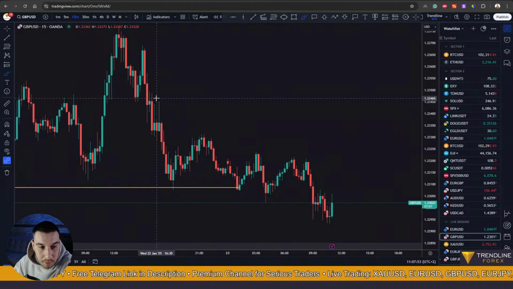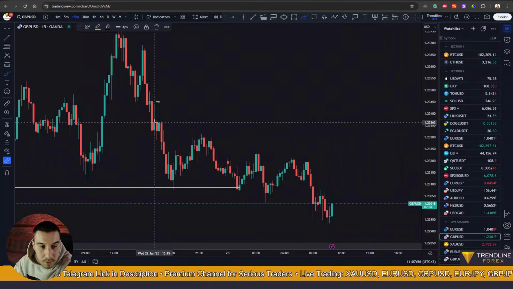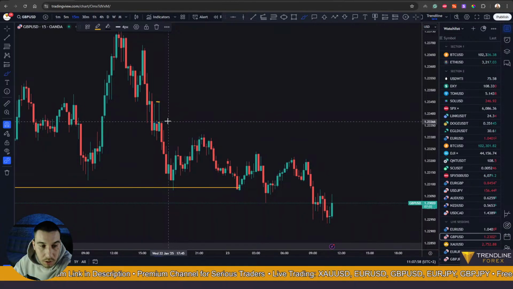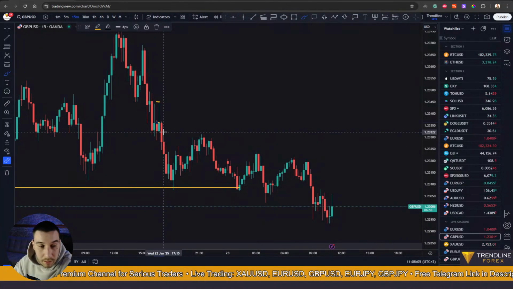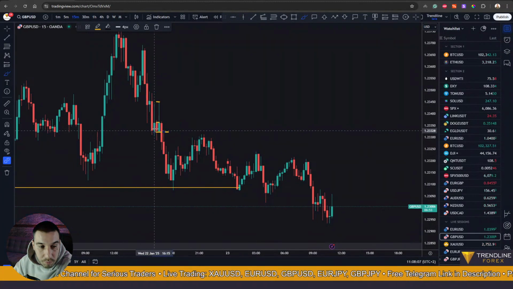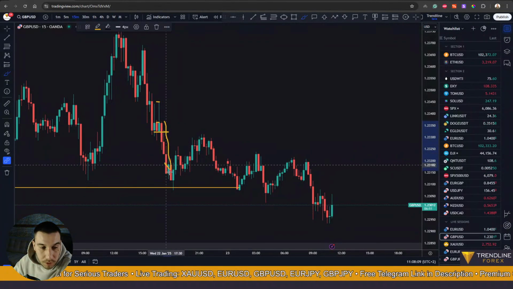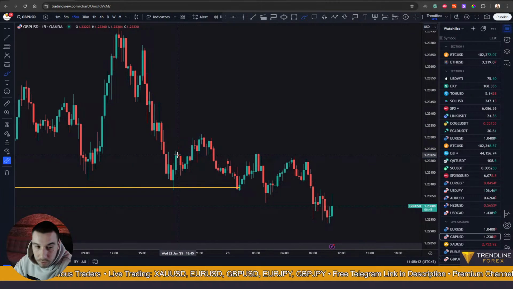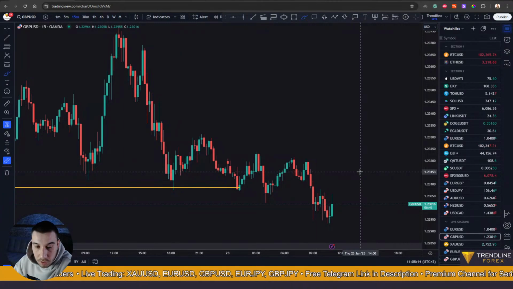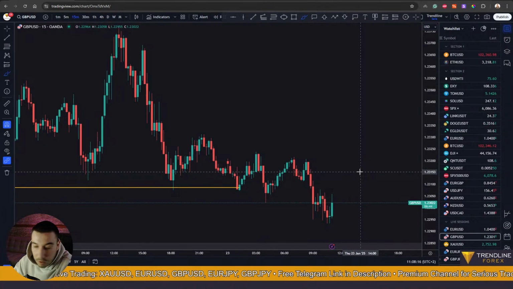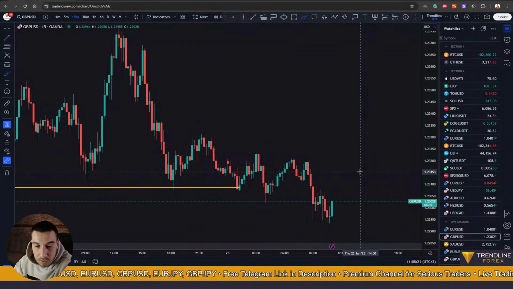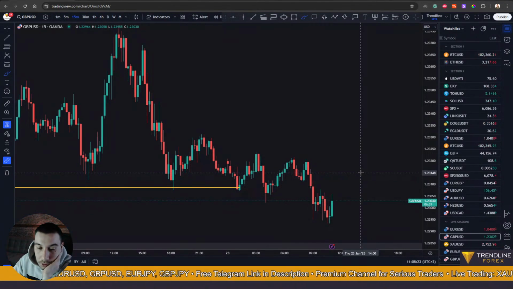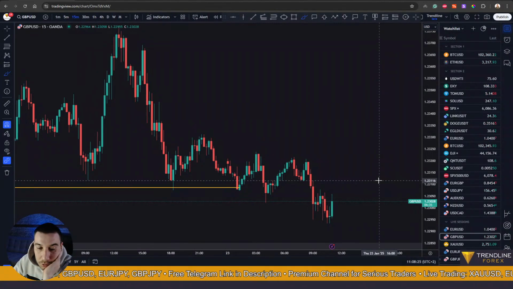But by the time it closed, this is the wick that we see, a long, massive wick, longer than the body of the candle. Immediately after this, we break below that, and we in fact go to the downside, gathering some bearish momentum. Now this may happen with this 15-minute candle as well. So that's why I want to give it a bit more time to see whether it will close bullish or bearish.